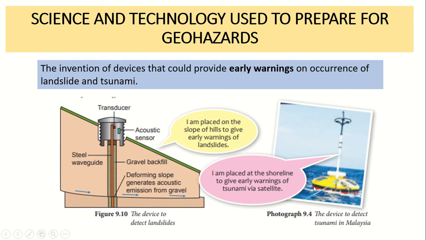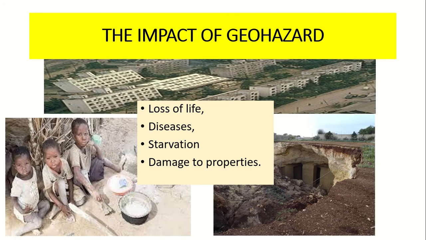So yang ni pula adalah untuk detect tsunami. It is placed at the shoreline to give early warning of tsunami via satellite. So yang ni dia akan connect dengan satellites. Okay, so next kita nak tengok the impact of geohazard, kesan kepada bencana alam.